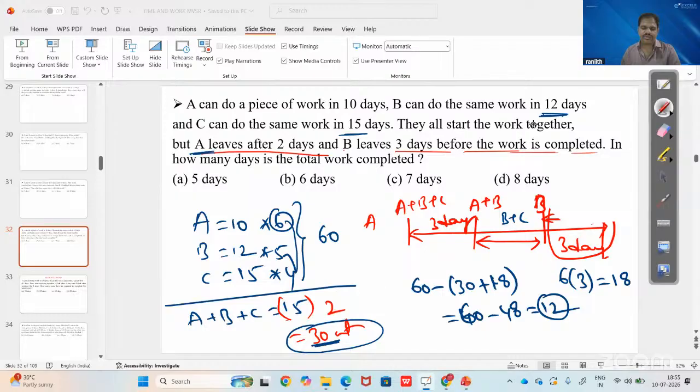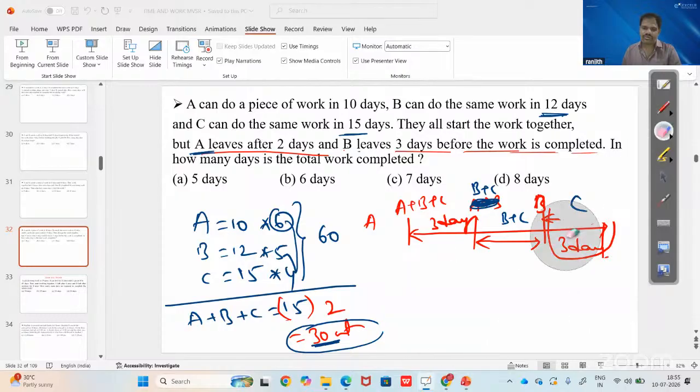Here A left, B leaves. A left in the sense only B and C are working. B left in the sense only C is working. Only C is working for 3 days. 3 fours are, so that is 3 into 4 equal to 12.